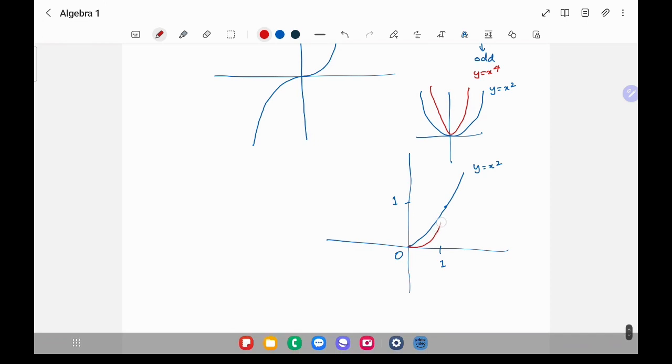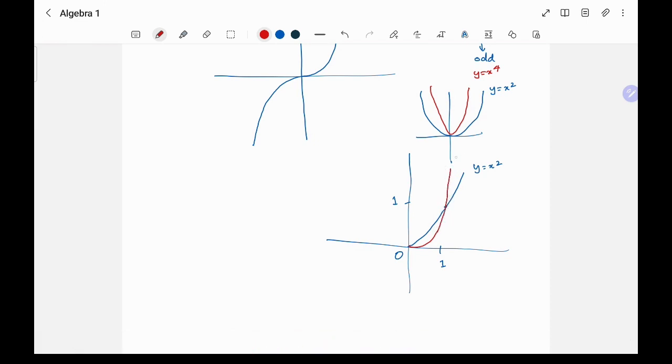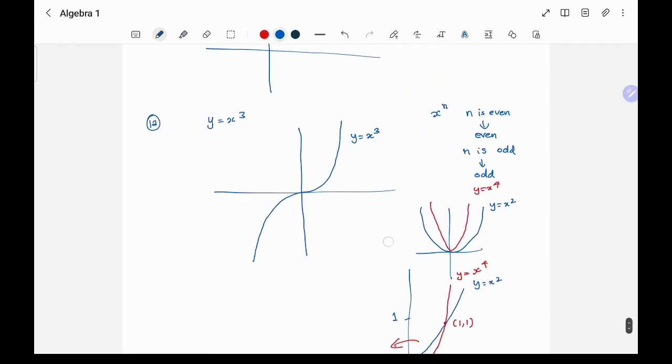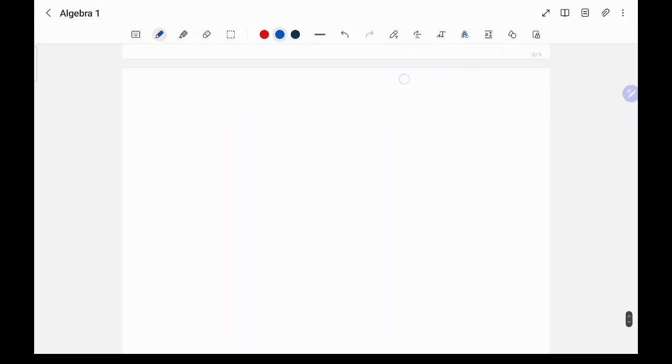And x greater than 1, it will be greater than this curve, x square curve. So this will be the curve. It will just copy on the left side as well, because these are even functions. And this point both will be same, 1 comma 1 is same for both. Okay, so next we will jump into the exponential function.